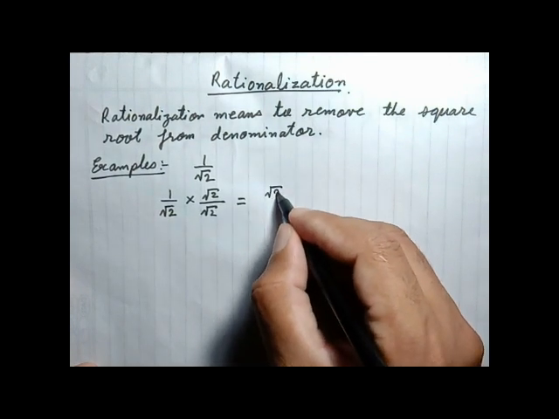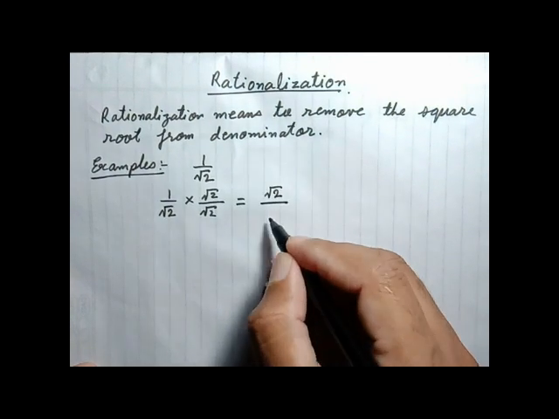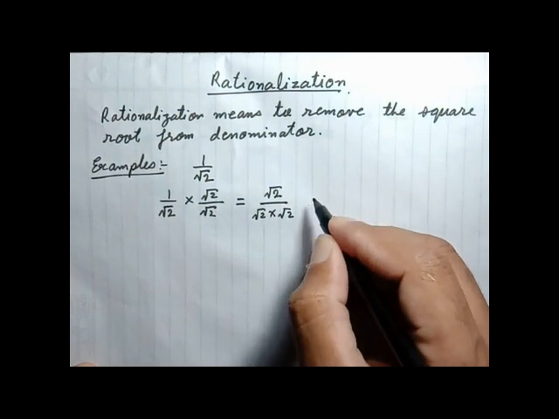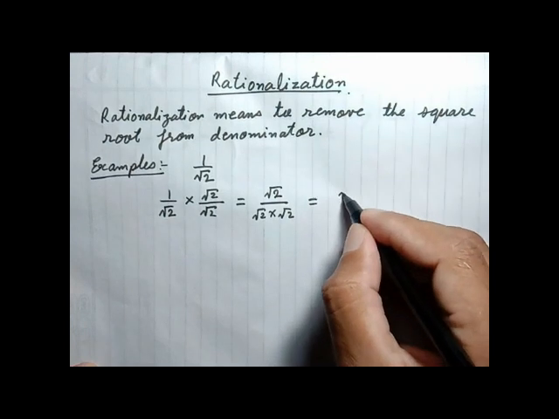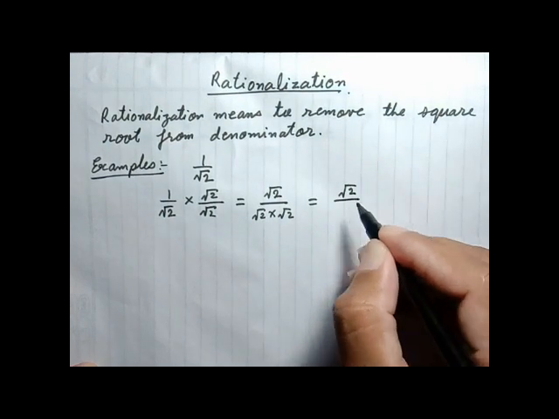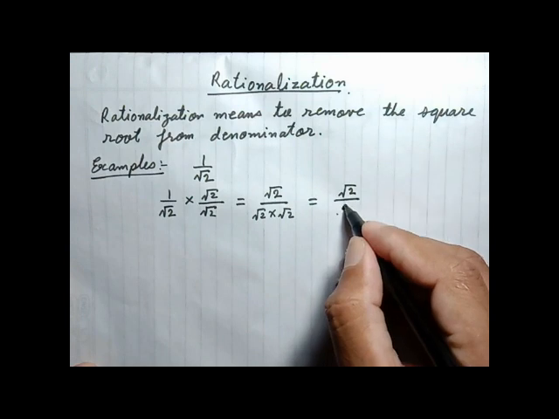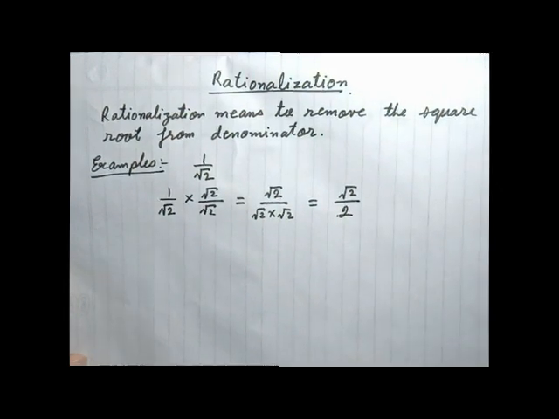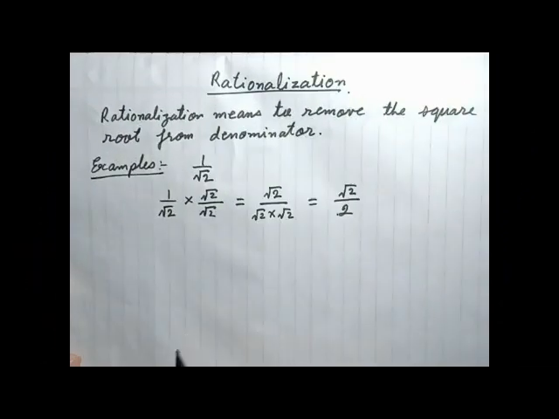Then what will we get? We will get root 2 upon under root 2 into under root 2, and that will be equal to root 2 upon 2, because root 2 into root 2 is 2. So root 2 upon 2 is the rationalization of 1 upon under root 2.